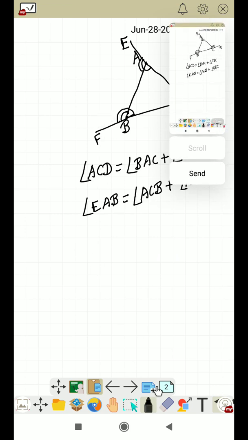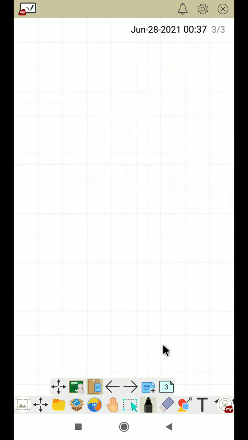Now go to congruency of triangles. So there are 5 properties to prove the congruency of triangles. Congruent means both triangles are of similar shape and size. So the first property is side angle side. What does it mean?